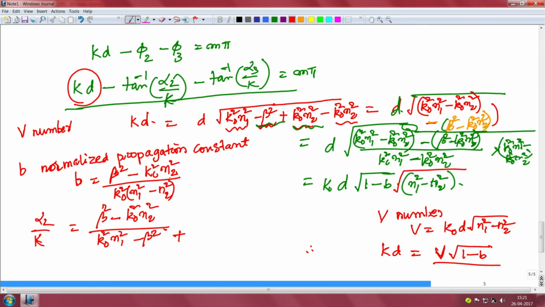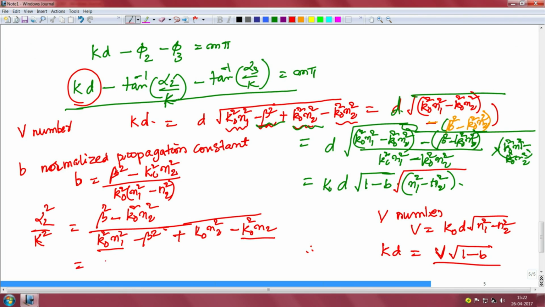We need to get to beta square minus k0 square n2 square, and denominator k0 square n1 square minus n2 square. So, we have got n1 square only, so we will add k0 square n2 square and subtract k0 square n2 square. Of course, this is equal to alpha 2 square by k square, not alpha 2 by k. So, we will club k0 square n1 square minus k0 square n2 square and beta square minus k0 square n2 square.